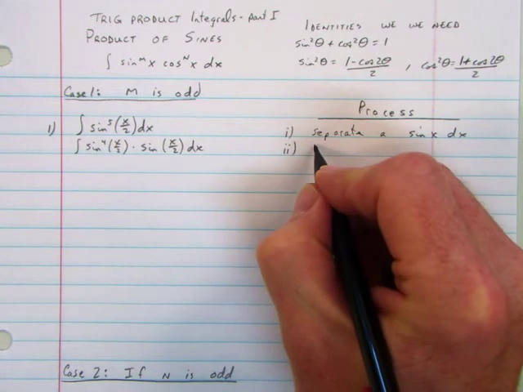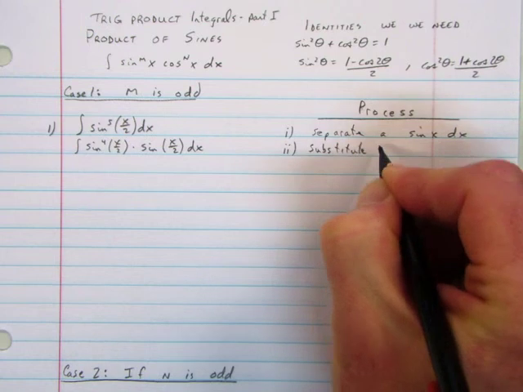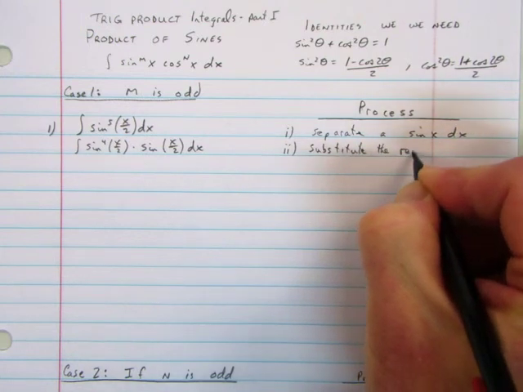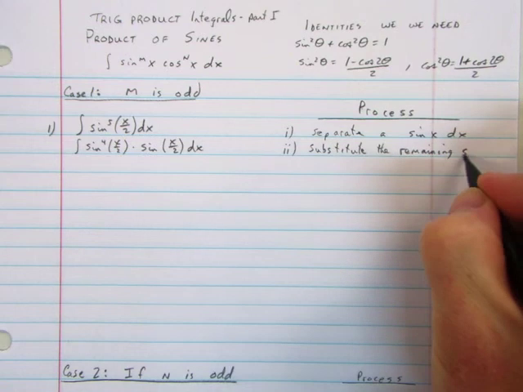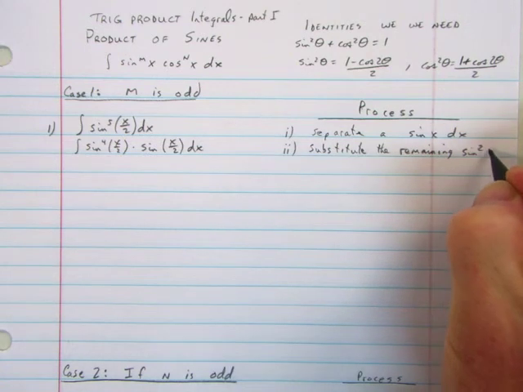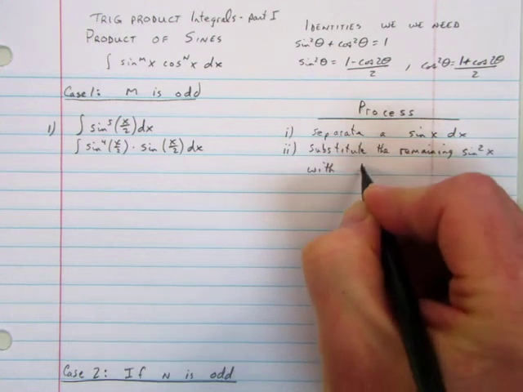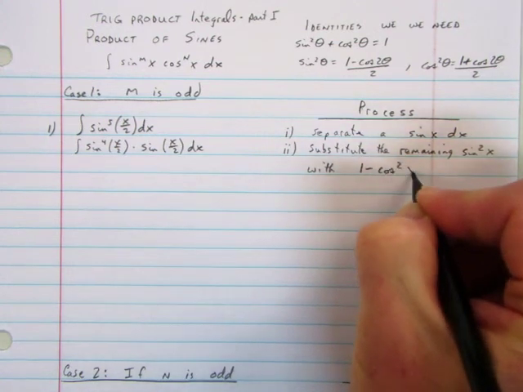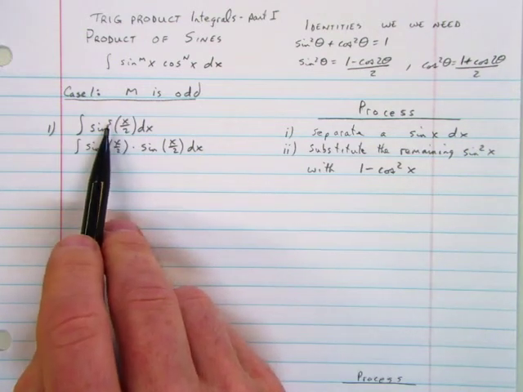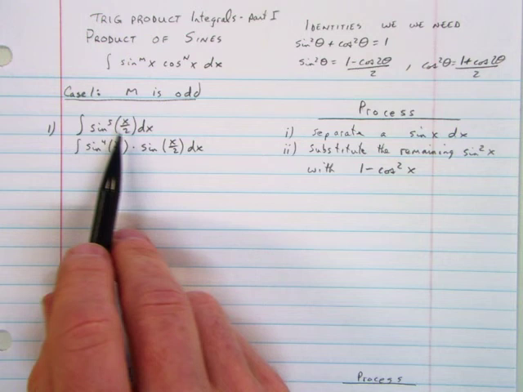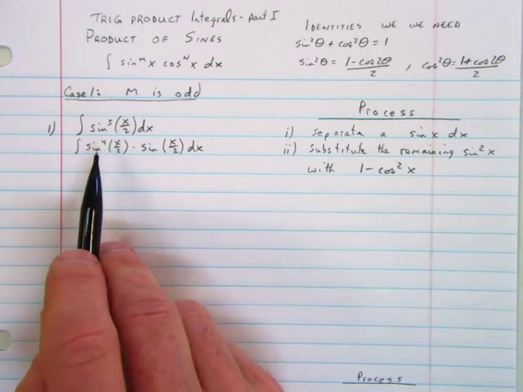Then what we're going to do is substitute the remaining sine squared x with 1 minus cosine squared x. Since m is odd, the power of sine is odd, so when we take out one sine, we'll have an even power left.